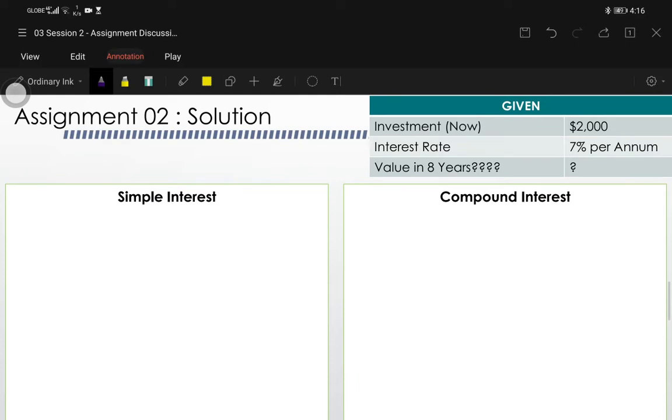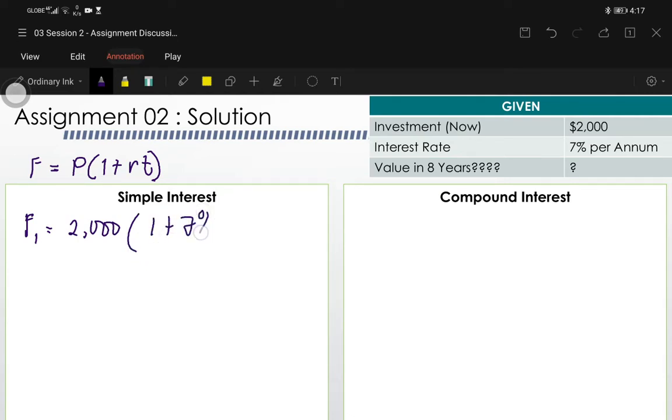So, let's first compute the value of the investment for the first year. For simple interest, F is equal to P times 1 plus RT. So, F at the end of the first year is equivalent to 2,000 times 1 plus R, which is 7%.